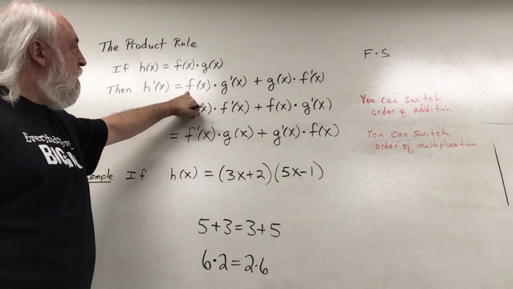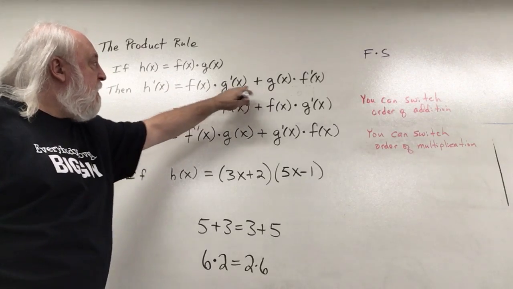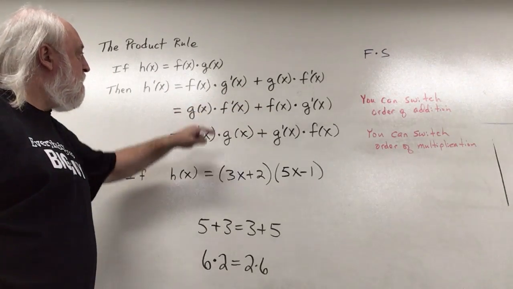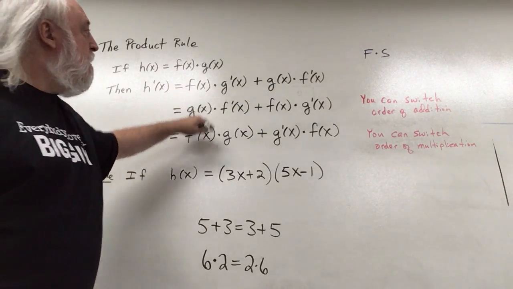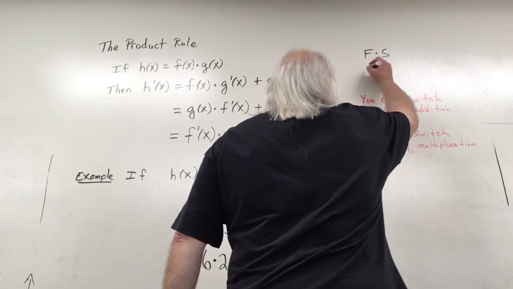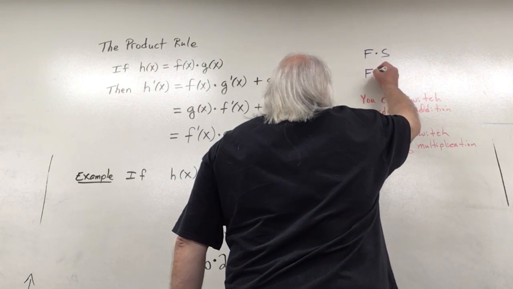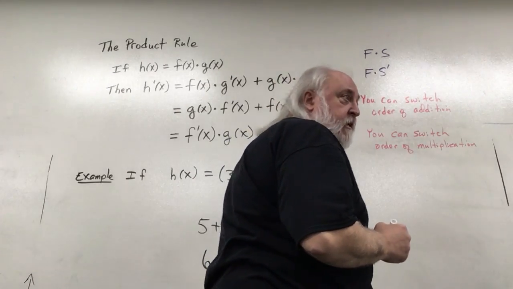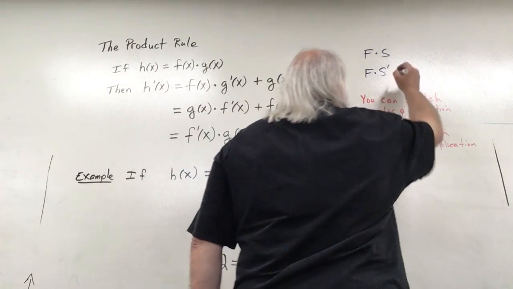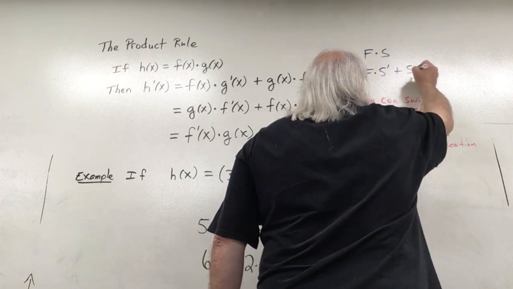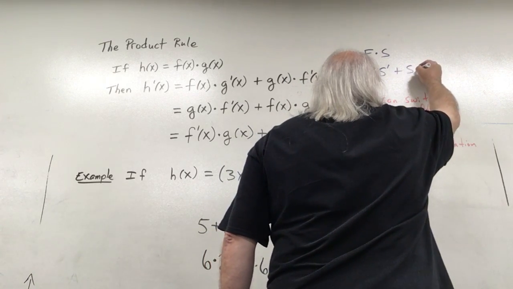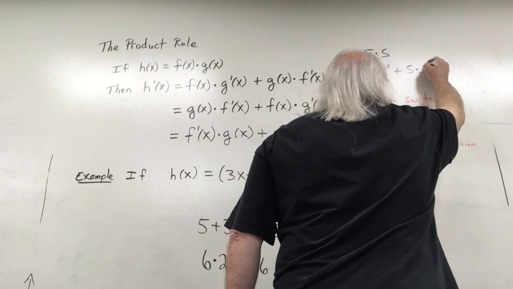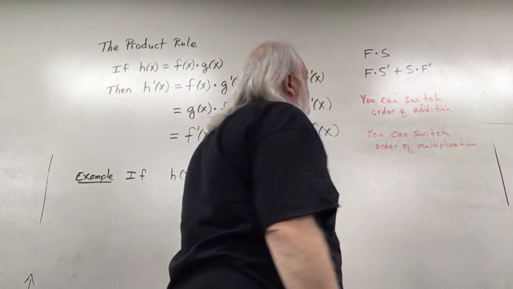Then substituting for f of x, g of x, g prime of x and f prime of x in this first representation, I have for the derivative the first function times the derivative of the second function, which I denote with s prime, and then we add to that the second function g of x multiplied by the derivative of the first function, f prime of x.